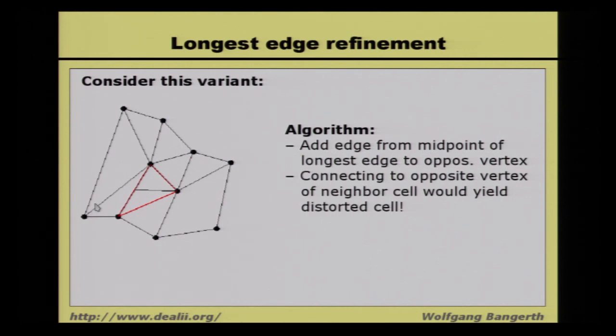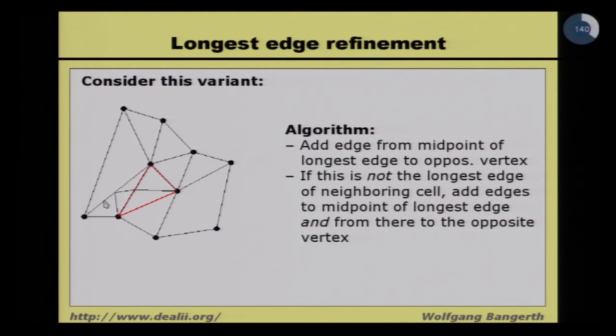The longest edge of this neighboring cell is actually this one here. And so what we're going to do is run an edge from here to the midpoint of the opposite edge here, and then from there to the opposite vertex. So we have now refined this sliver of a triangle into three smaller ones.